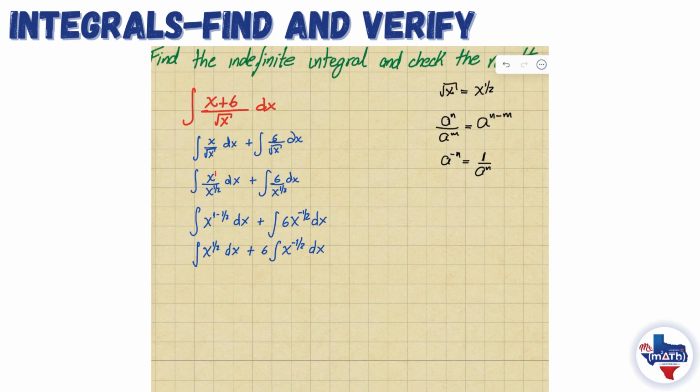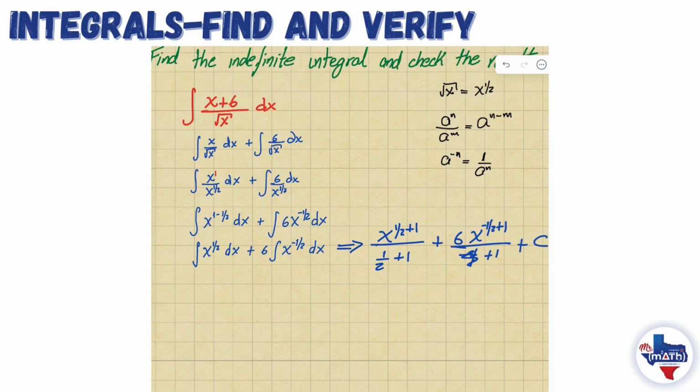So what we have here, the integral of x to the 1/2 will be x to the 1/2 plus 1 divided by 1/2 plus 1, and we have 6 times the integral of x to the negative 1/2, which will be x to the negative 1/2 plus 1 over negative 1/2 plus 1, plus a constant c.